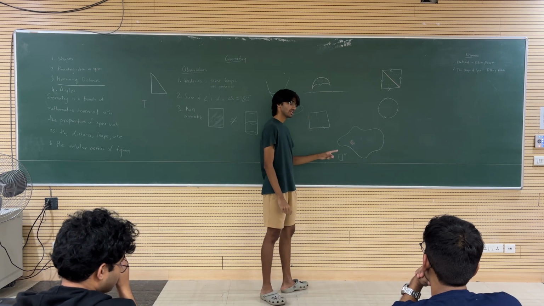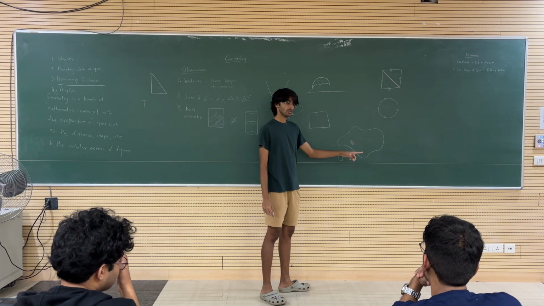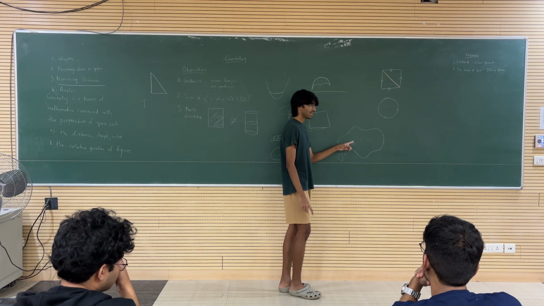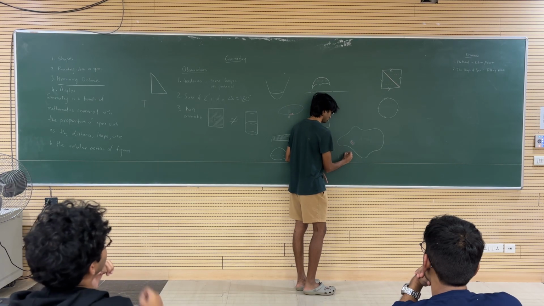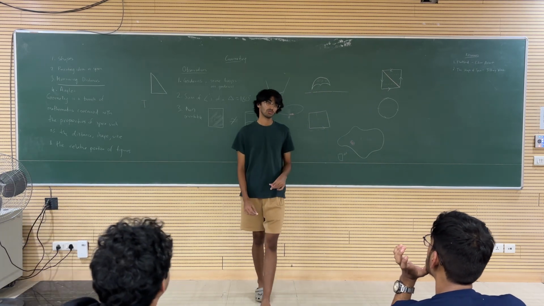So if you want to consider a two-dimensional manifold, then every point will have a neighborhood whose topology is the same as R2.